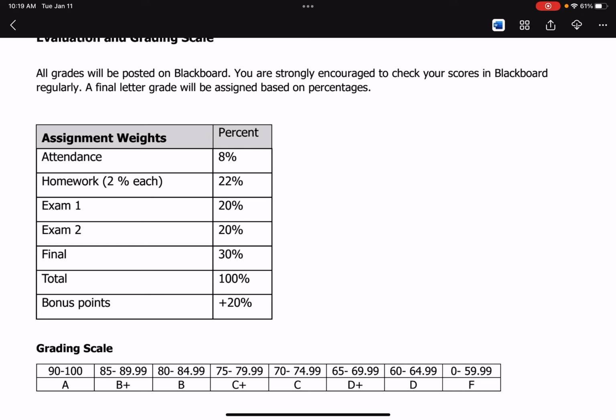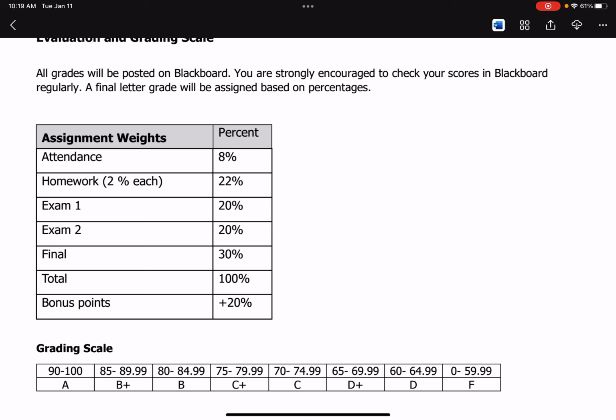There will be a lot of bonus points throughout the lecture. You can earn up to 20% of bonus points. I think one person in my propulsion class actually had 15% of bonus points. They didn't need it. He got an A, but had 15% of bonus points, which is going to bump your grade a lot. So make sure to work on the bonus points.